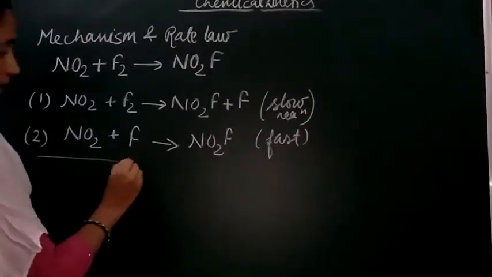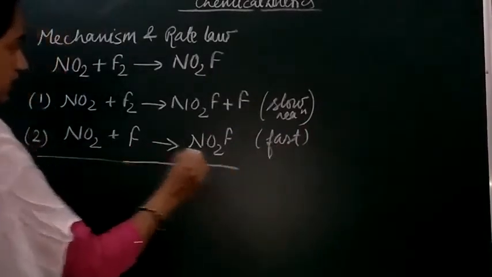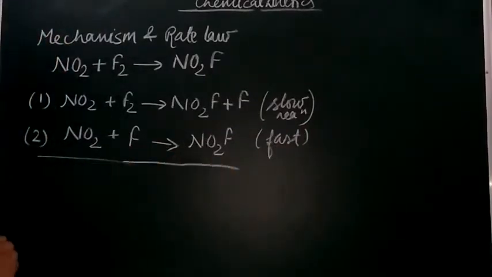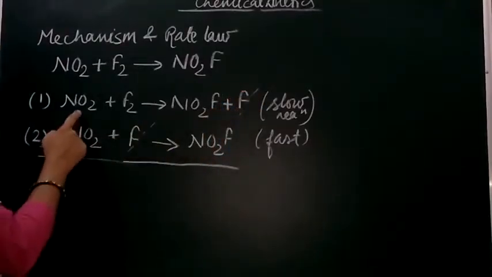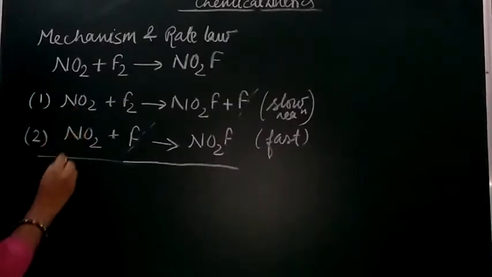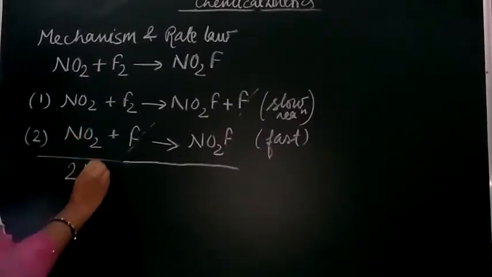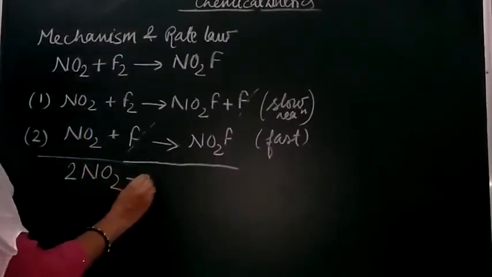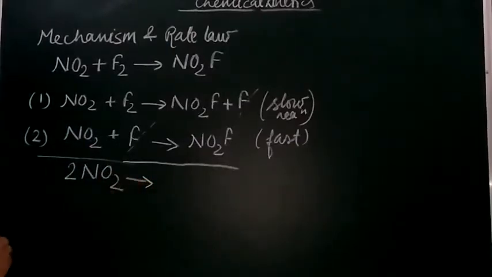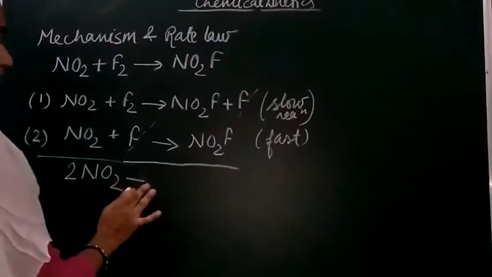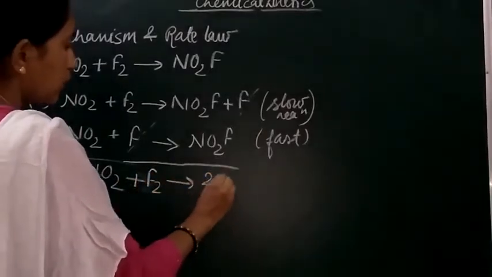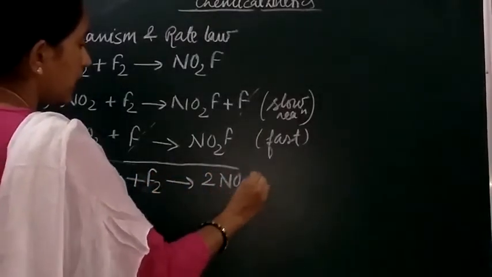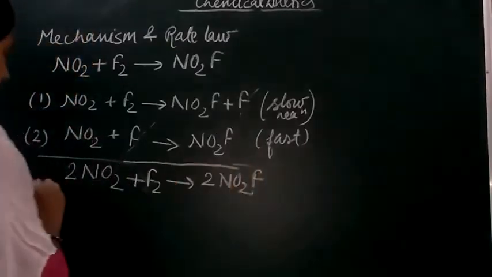Now when we add up these equations, first of all the F cancels out. So how many molecules of NO2 are there on the left hand side? It is 2 NO2, student. Plus F2, and we will get 2 molecules of NO2F.